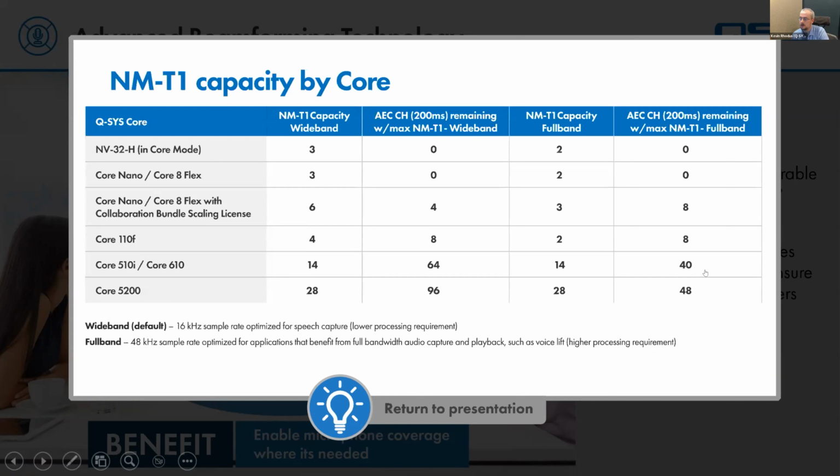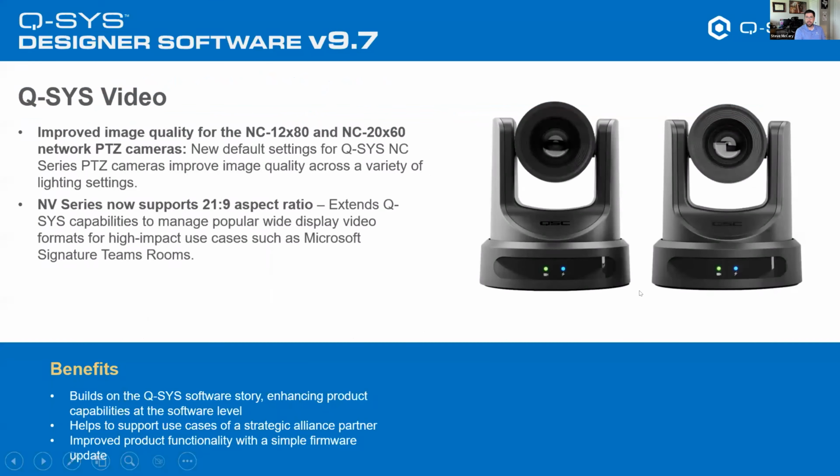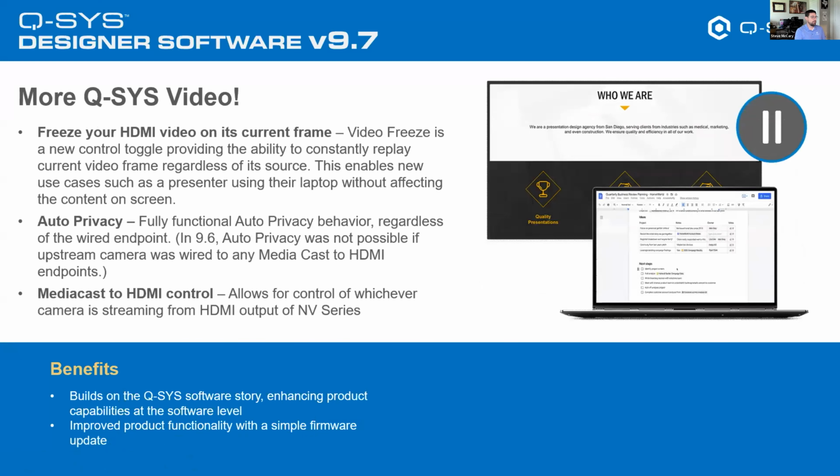We'll go look at that before we're done. I knew they were going to do that. I didn't know if that was quite up yet, but we'll check on that. Anyway, so here's your capacities by core. That is a chart that I'm sure most people will need to reference fairly regularly until you get it committed to memory.